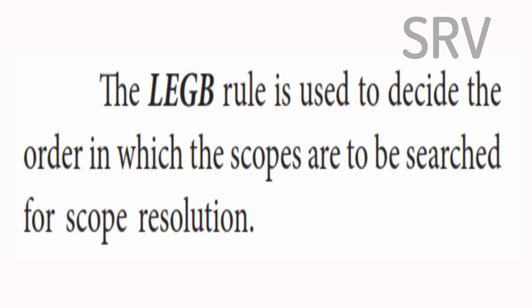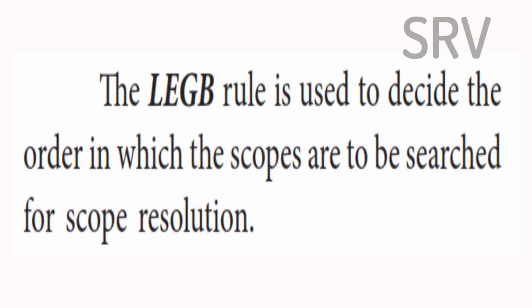When we use the same variable inside a program, one inside the function and another in outer scope, this LEGB rule helps the controller to decide which variable value to be chosen. So it follows the LEGB rule and decides in which scope the variable comes, and then according to the scope the value is mapped and retrieved.